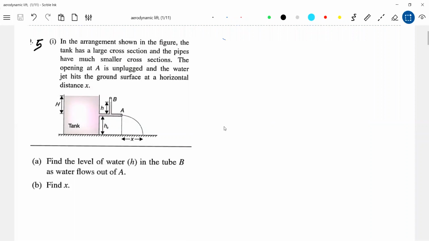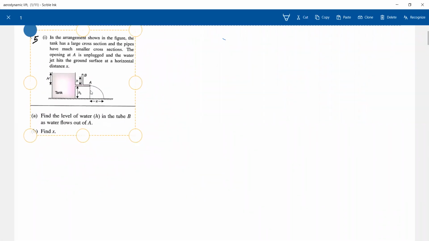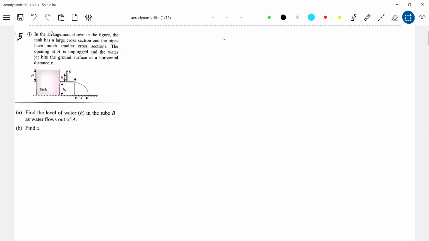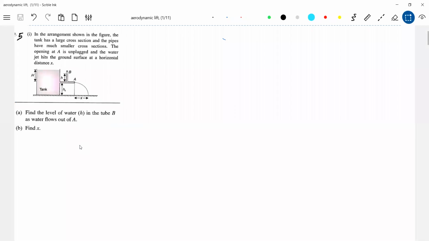Okay, let me start like this. Pressure, the same diagram.